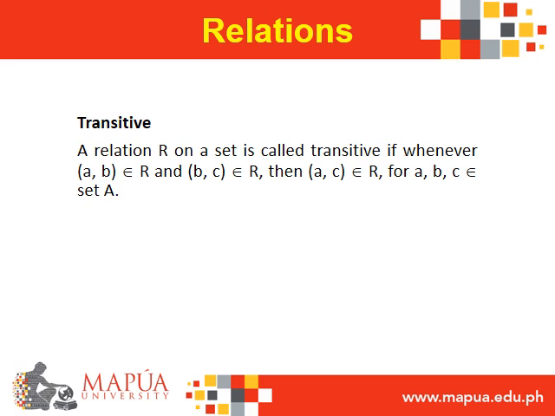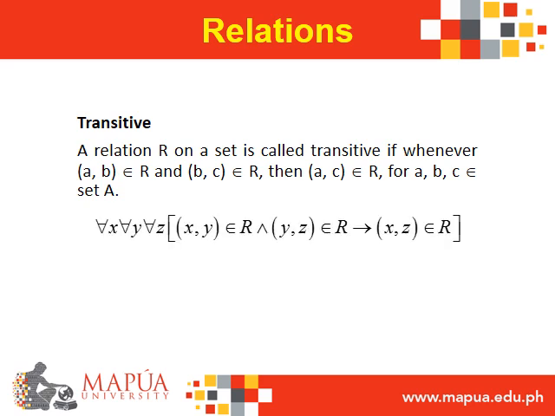A relation on a set R is transitive whenever A, B is an element of your relation R, likewise B, C is an element of your relation R, and then A, C is also seen on your relation R, whereby A, B, and C are simply elements of set A. Note that on your particular relation, any particular value may be called A, B, or C. This relation eventually implies that when you have A, B and B, C, the values of B are equal, and then when you have A, C, the C's and A's are the same as before. It is given by this mathematical expression.